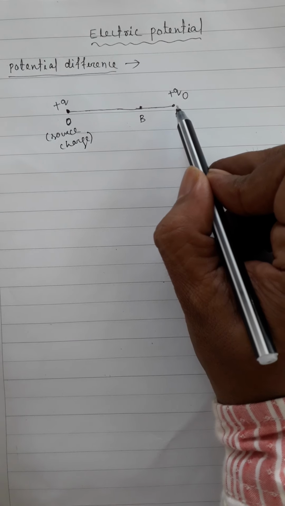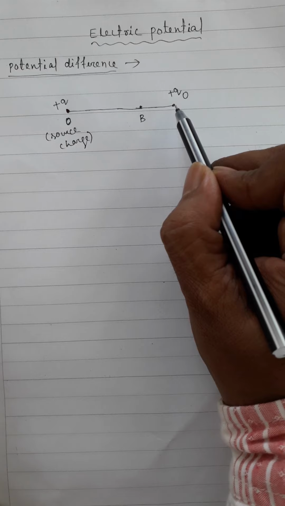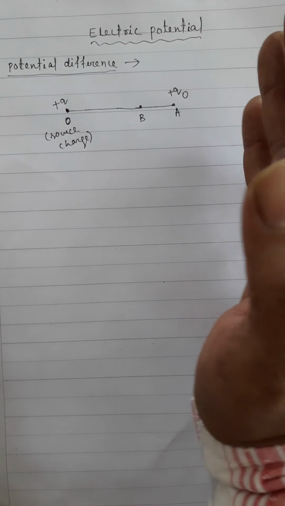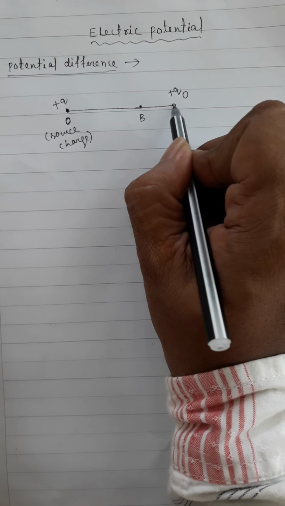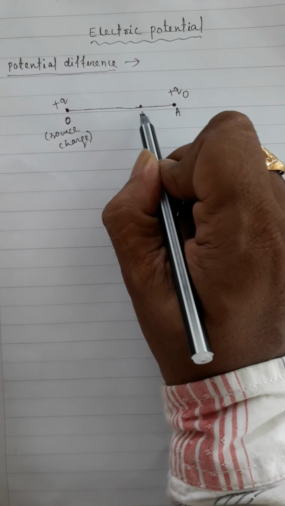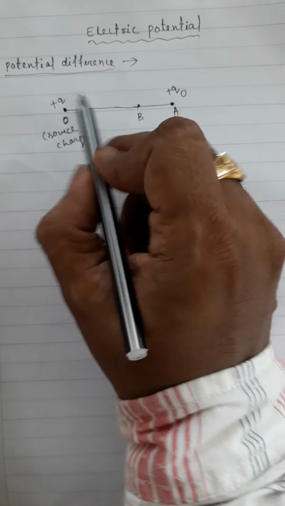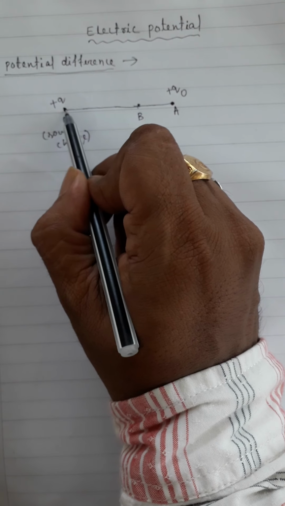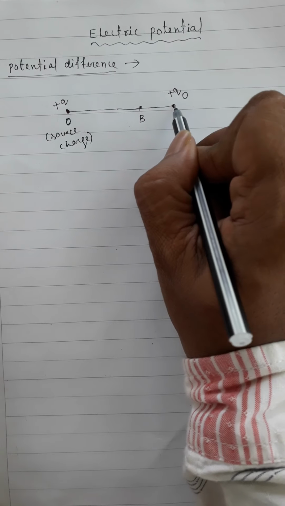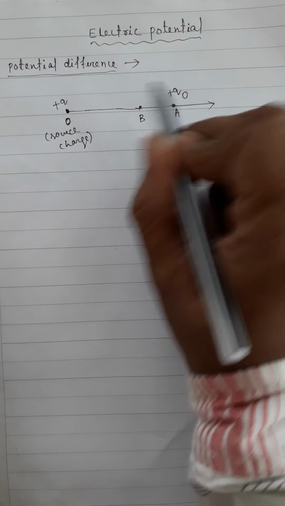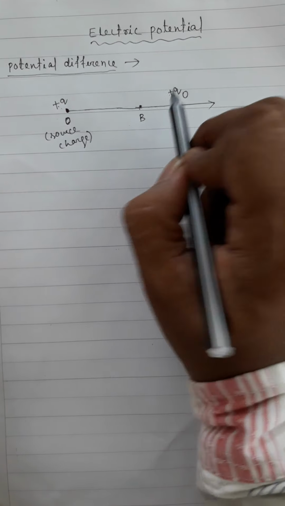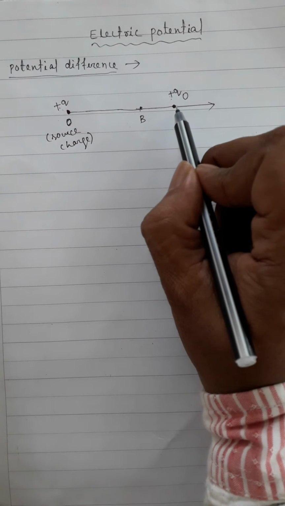When a test charge Q0 is moved from A to B, from this location to this location, the source charge will exert a repulsive force on the test charge, because both are the same charge, plus and plus, so they repel each other.